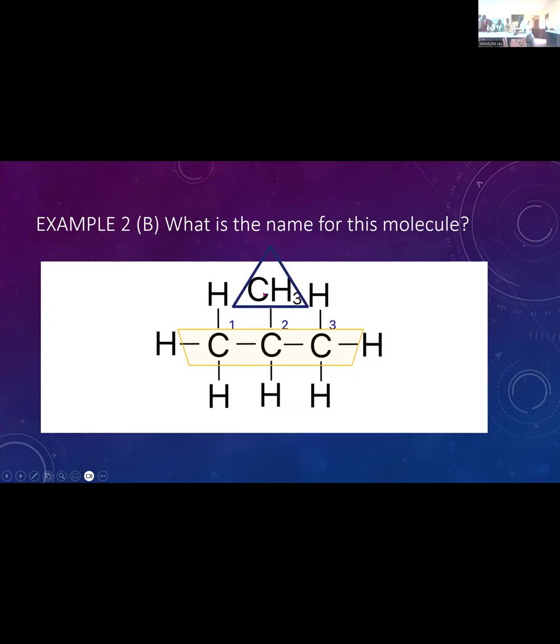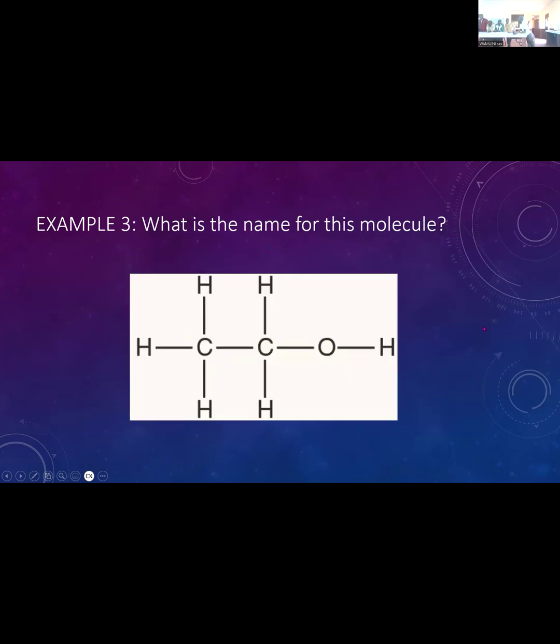Methyl is a one carbon unit, off the main chain, adding to the main chain. So this is methylpropane, and I need to say that it's on the second carbon. So it's 2-methylpropane. When I'm teaching my students, I get them to color code. So that is the bit which comes from the longest continuous carbon chain, and that is the substituent.